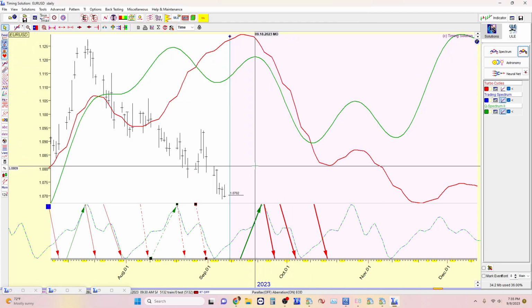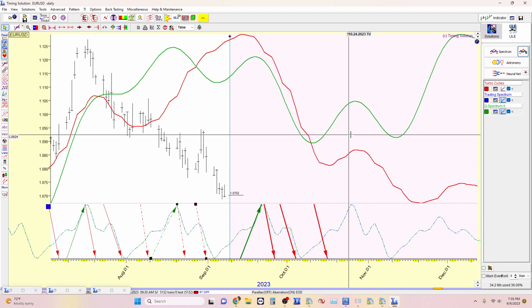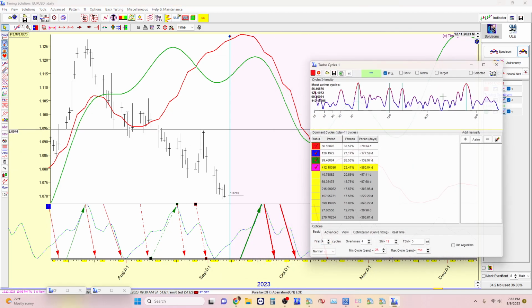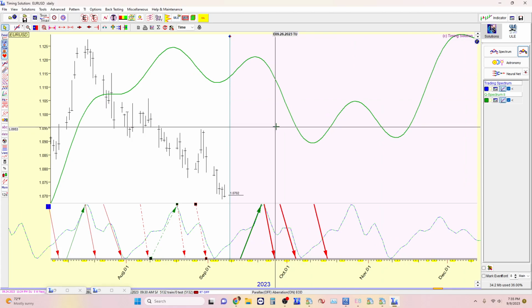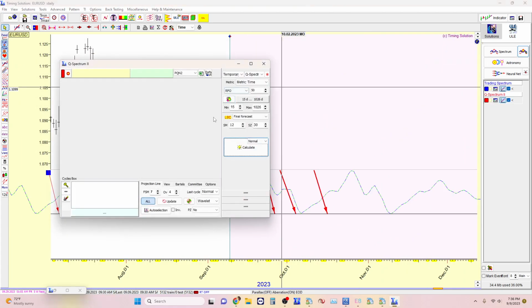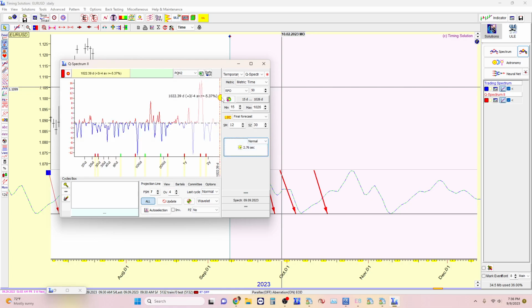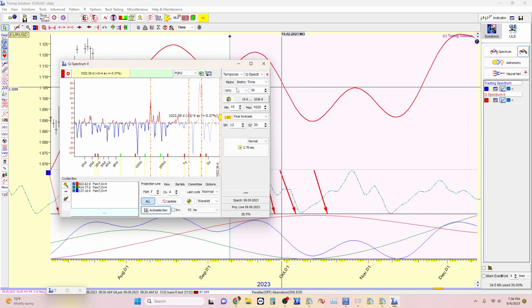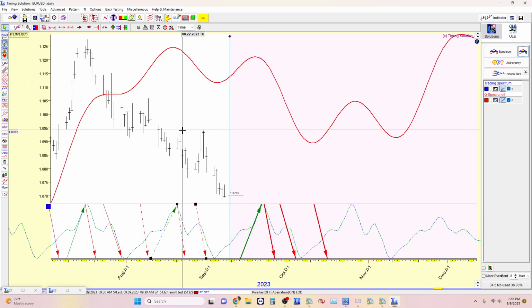And then looking at the turbo cycles and the Q Spectrum 2, what's weird is I think whenever I delete the turbo cycles, sometimes the Q Spectrum 2 doesn't. Sometimes they look different. I don't know. It's a little hard to say. But I like how there's confluence.